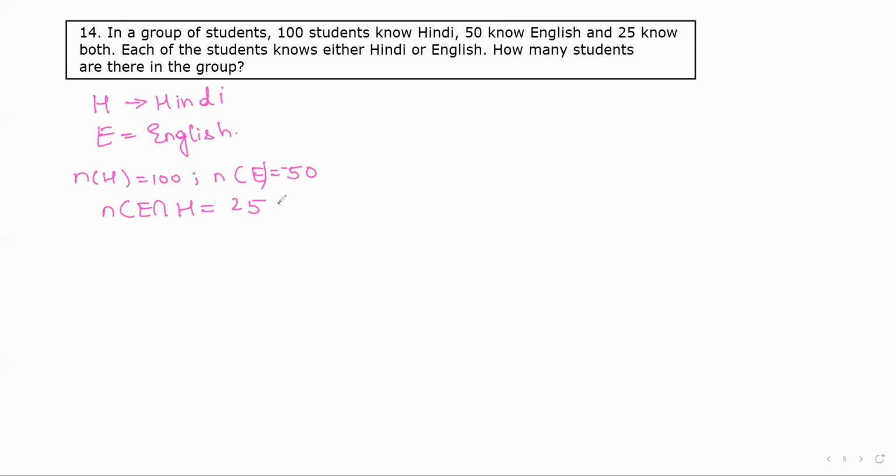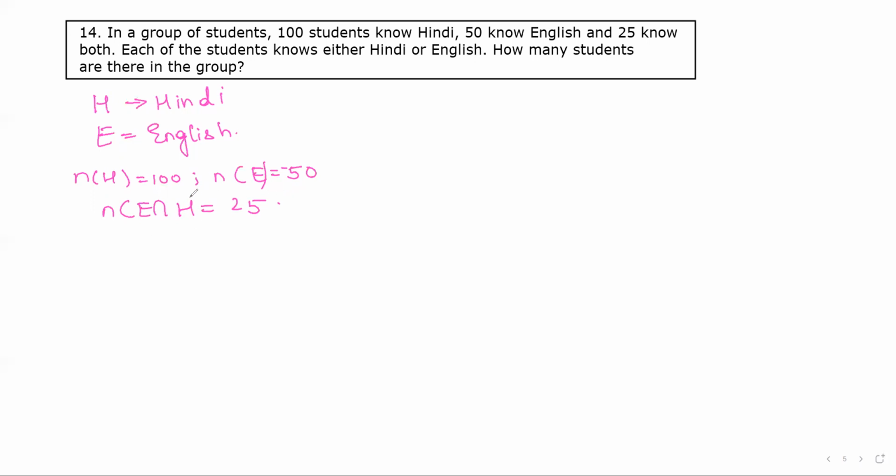What are you supposed to calculate? How many students are there in the group. It's given that each of the students knows either Hindi or English.